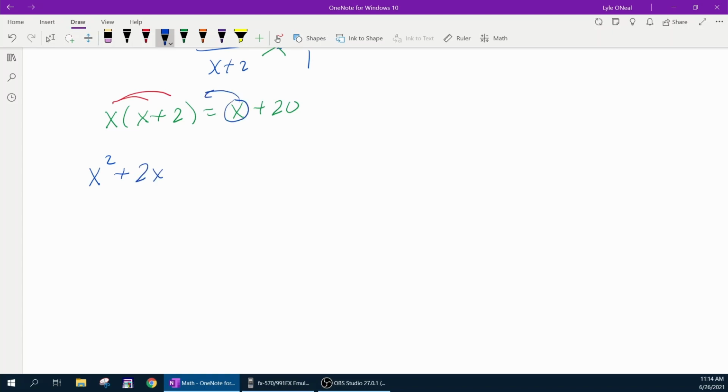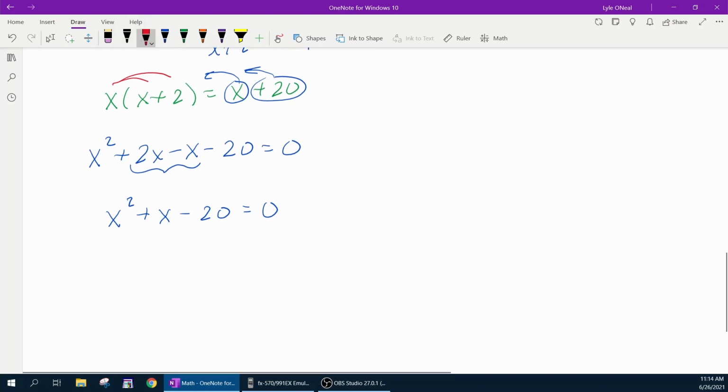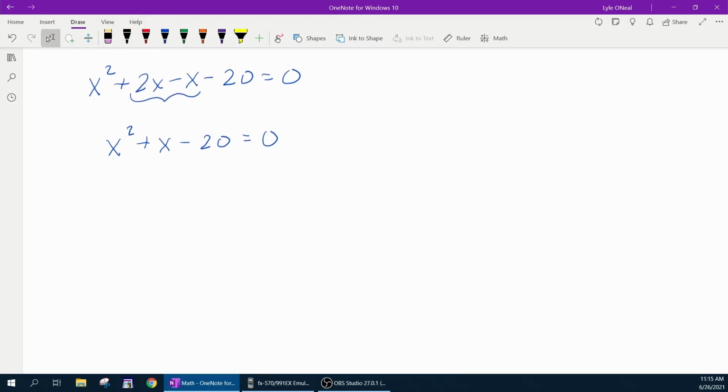So now I'm going to go ahead and bring the x and the 20 over so that I can set it equal to 0. I do need to combine my like terms so that we get our quadratic equation in standard form. And then remember, the easiest way to solve a quadratic, if it will factor, is factoring. So let's take this trinomial and factor it up.